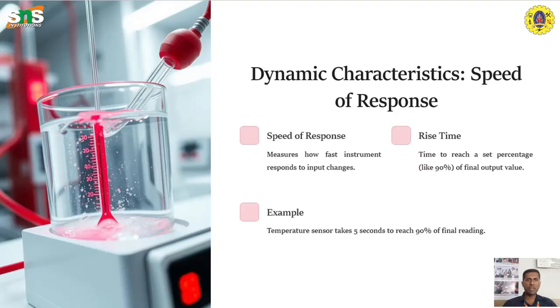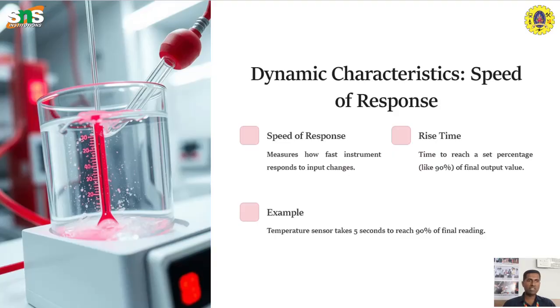So the next parameter is almost similar to this. It is called rise time. It is the time taken to reach a set percentage, say for example 90% of the final output value. The example given here is a temperature sensor that takes 5 seconds to reach 90% of the final reading. So you have two temperature sensors.